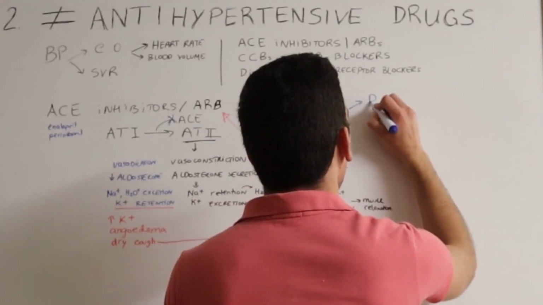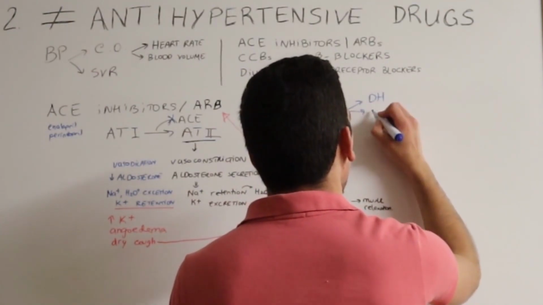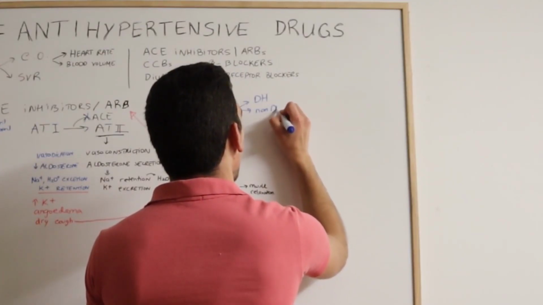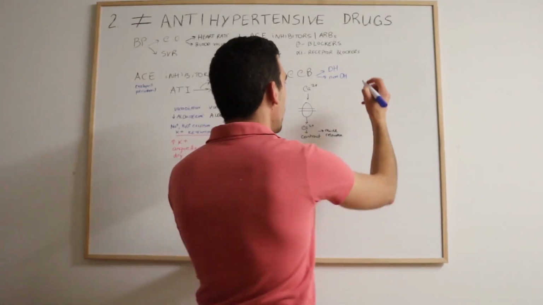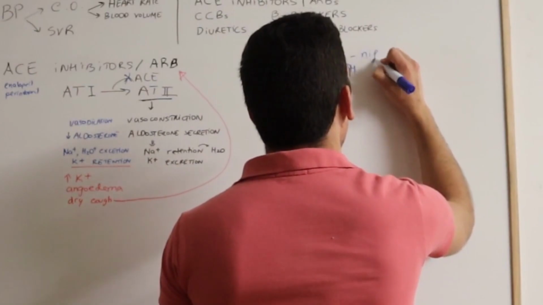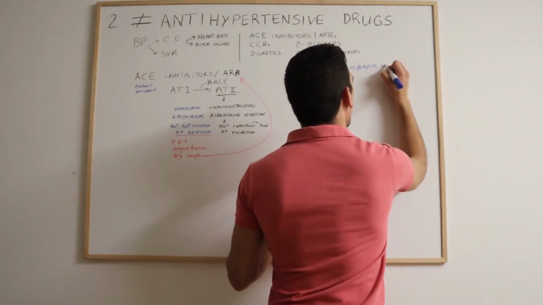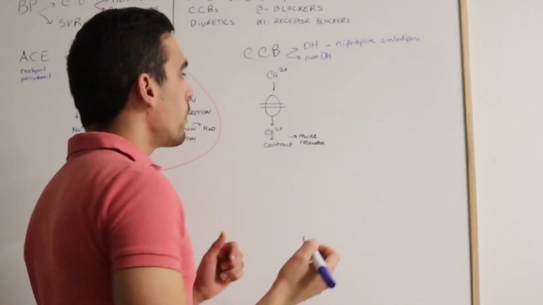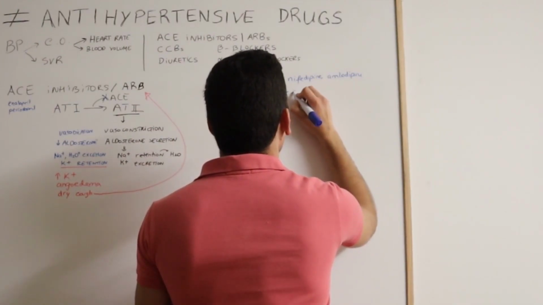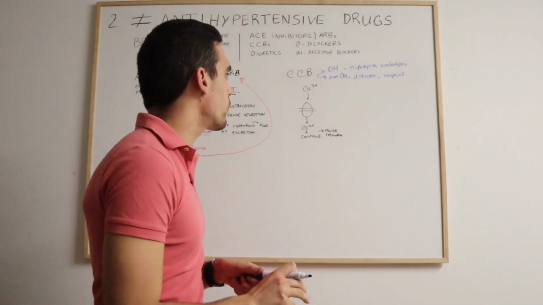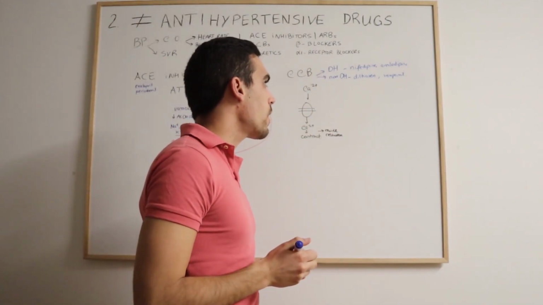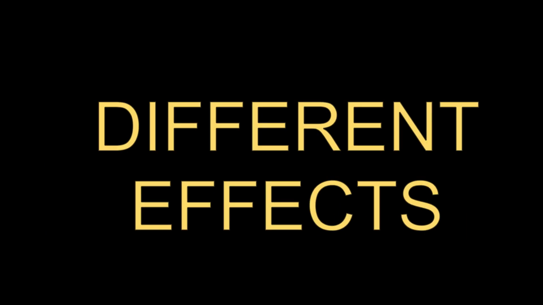Some examples of the dihydropyridines are nifedipine and amlodipine, whilst the non-dihydropyridine calcium channel blockers are diltiazem and verapamil. And it's very important to distinguish between these two classes because they will have very different effects.